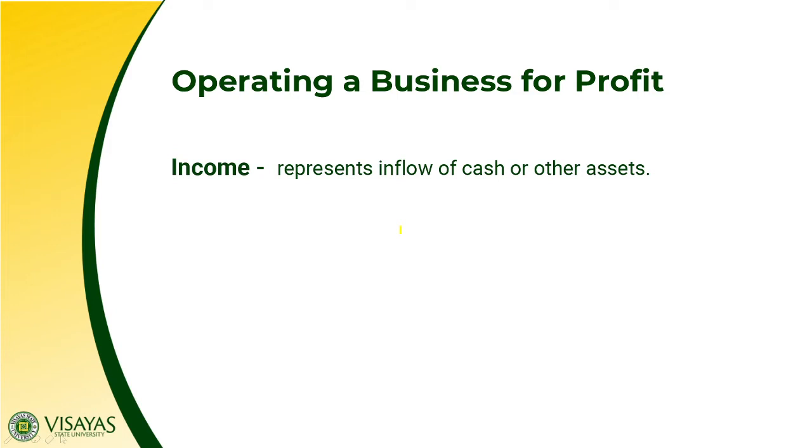The account titles used to describe revenue common to all service providers are the service income or the professional income, and the sales. Sales is the revenue title used by merchandisers and manufacturers.